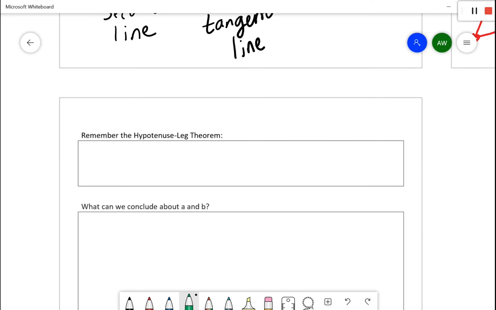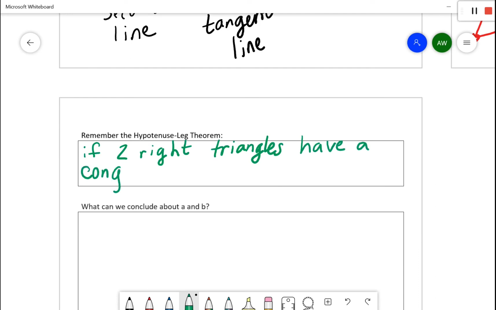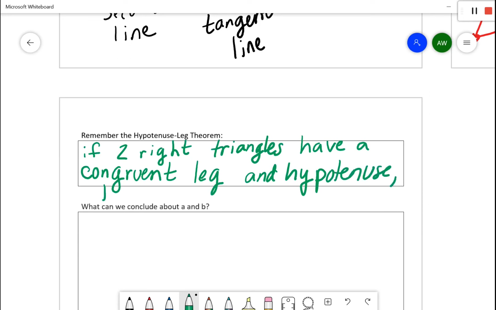So the hypotenuse leg theorem says, if two right triangles have a congruent leg and hypotenuse, then the triangles are congruent.